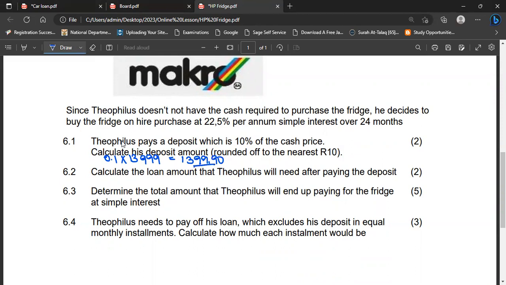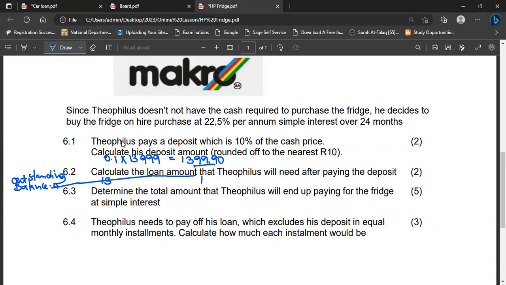So calculate the loan amount that the person will need after paying the deposit. Now, the loan amount will be the same as the outstanding balance.